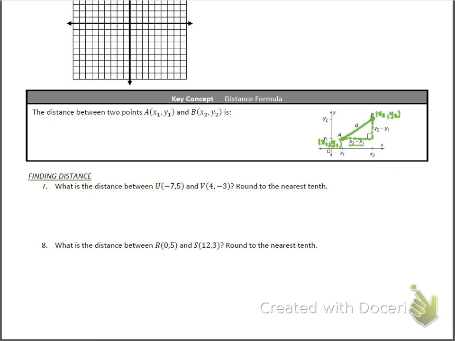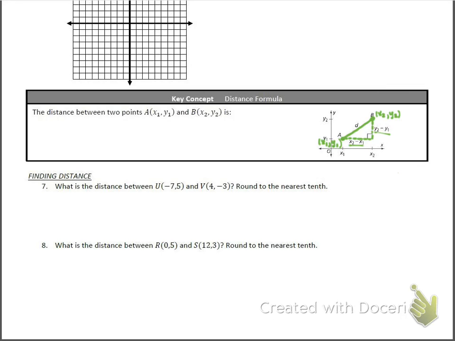Subtract. So to find the distance between the x-coordinates, we subtract x2 minus x1. You guys did this already, right? With the number line and the absolute value. How do you find the distance between the y-coordinates? Subtract. This should make sense. To find the distance between two y values, you subtract. To find the distance between the two x values, you subtract. That gives you your legs.